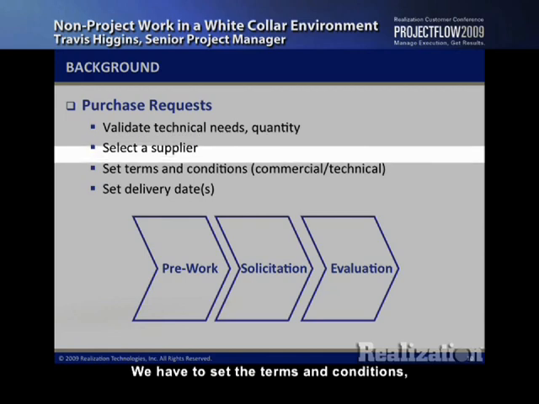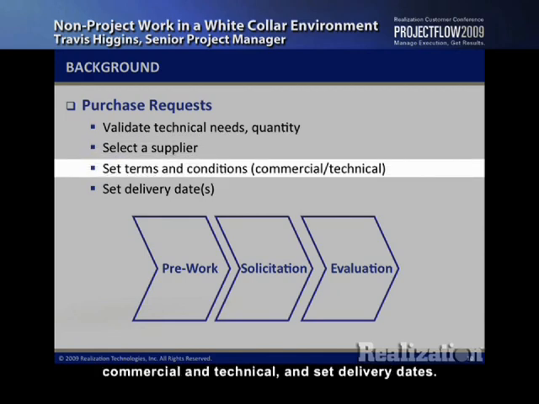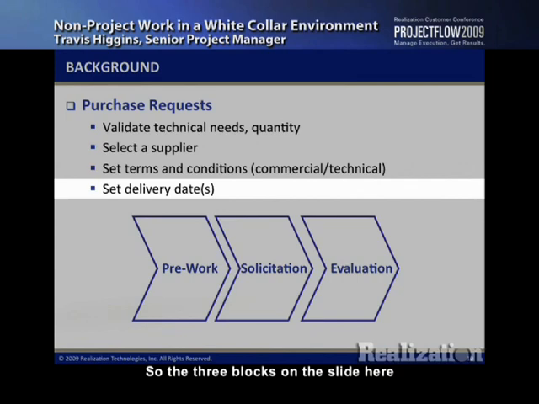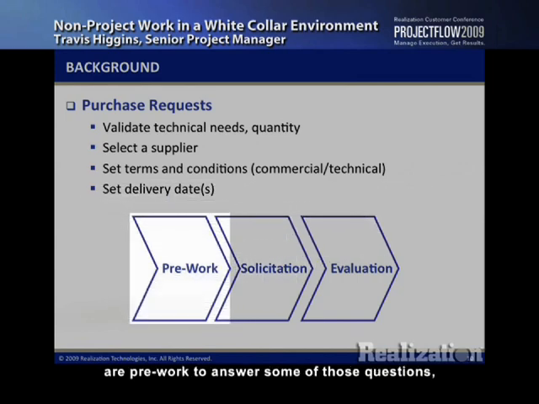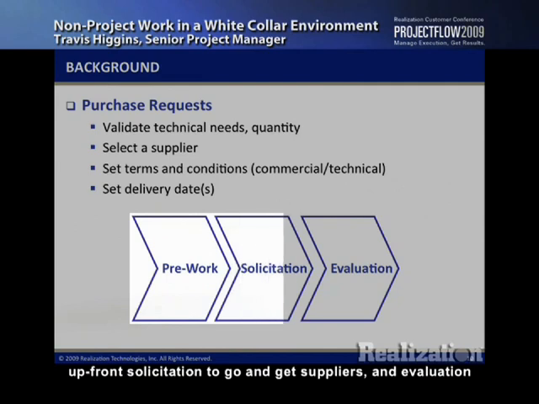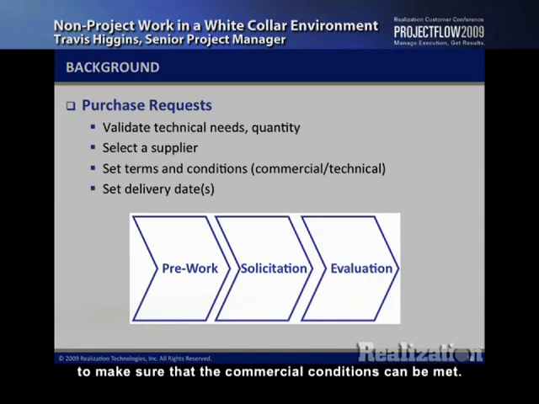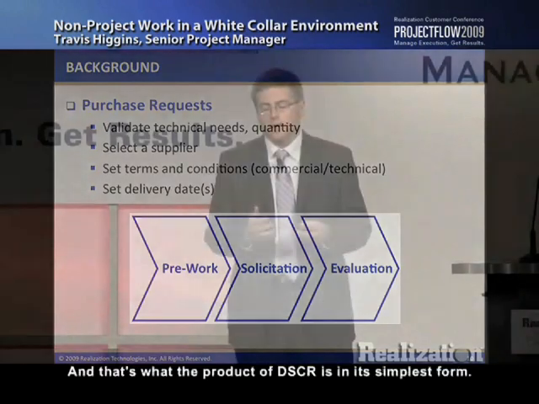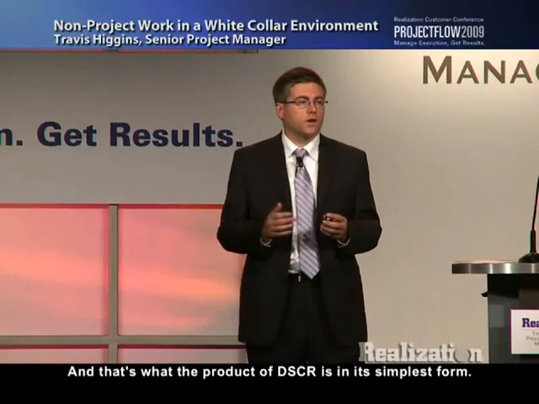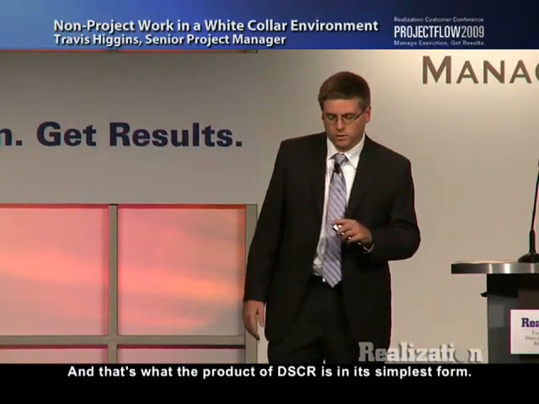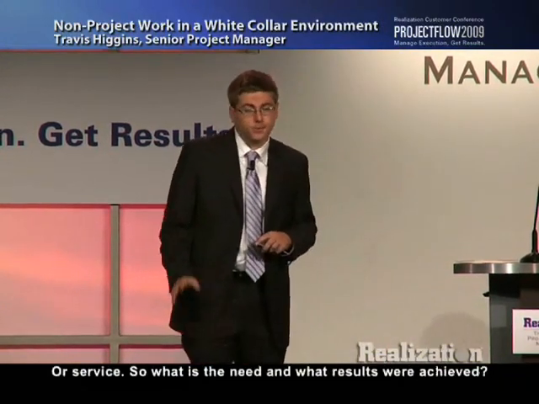We have to set the terms and conditions, commercial and technical, and set delivery dates. So the three blocks on the slide here are pre-work to answer some of those questions, upfront solicitation to go and get suppliers, and evaluation to make sure that the commercial conditions can be met. And that's what the product of DSCR is in a simplest form or service.